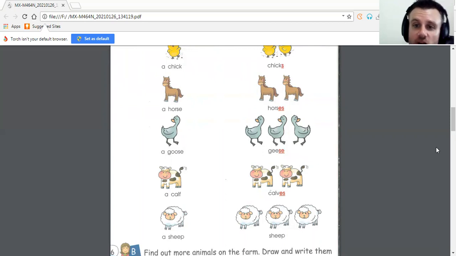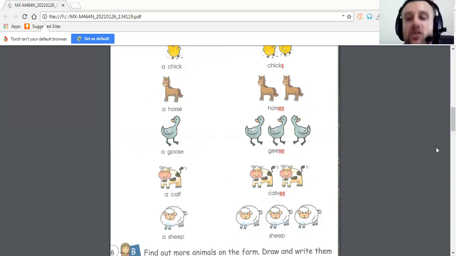Most of the time, you just add an s: chick, chicks, horse, horses. Calf, calves: because you have a half, the F transforms into VES. It's a grammar rule, but don't worry. You just have to learn that, and you will not forget.